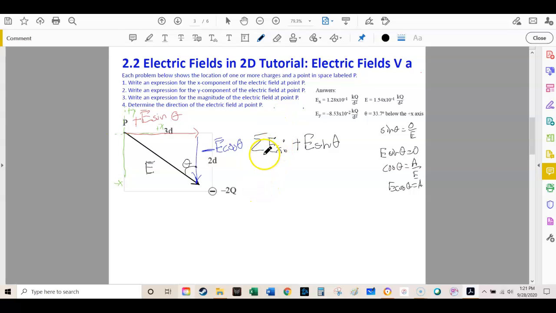Now the problem with this is we have two unknowns. We don't know the electric field and we don't know theta. But we have some clues. For theta, we could actually use the sides to figure out the angle theta.